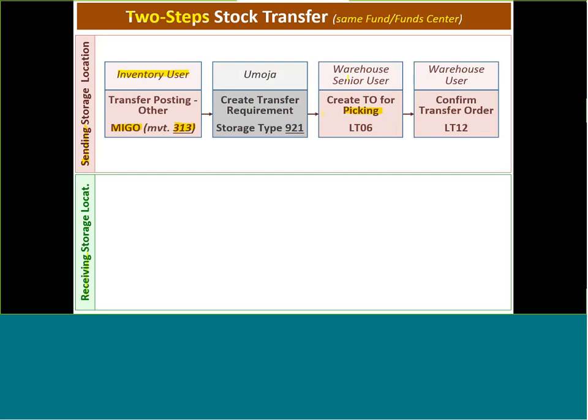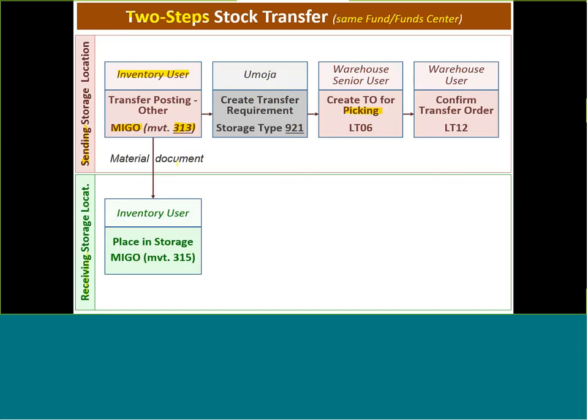So the warehouse transaction for picking will follow after this first MIGO transaction. Then the items will be shipped to the destination, and once the goods arrive at the final destination, the inventory user will use MIGO again. The inventory user will refer to the original material document to post this second MIGO transaction, so that the stock levels of the receiving storage location are automatically updated.